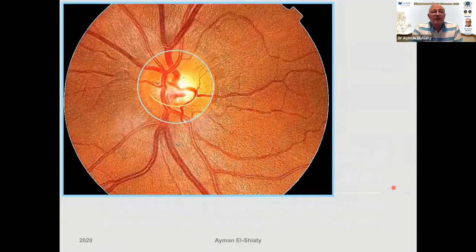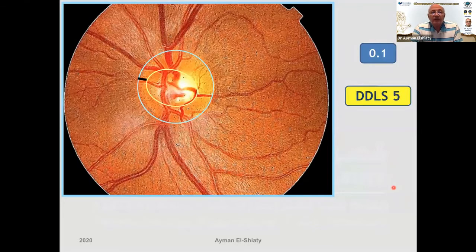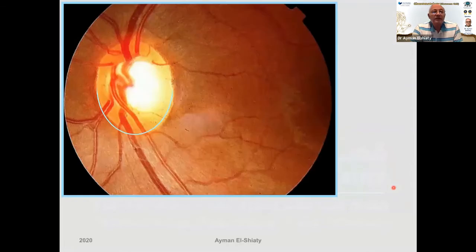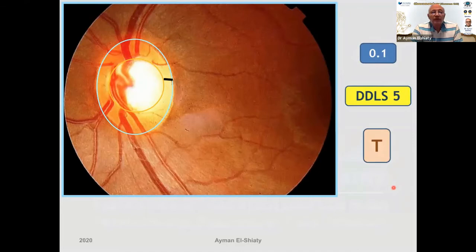Look at this, and these are the instructions of Dr. Ali. We look at the bend, and this is the thinnest part of the rim, and it's 0.1, disc damage likelihood scale 5, and it's on the nasal side. This is on the temporal side, also 0.1 with risk of 5.